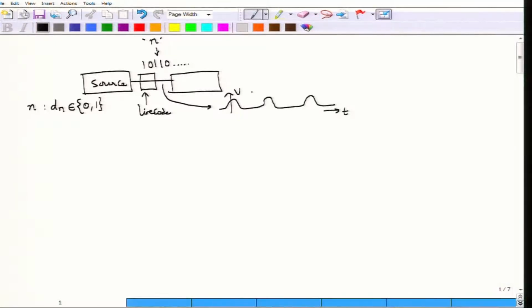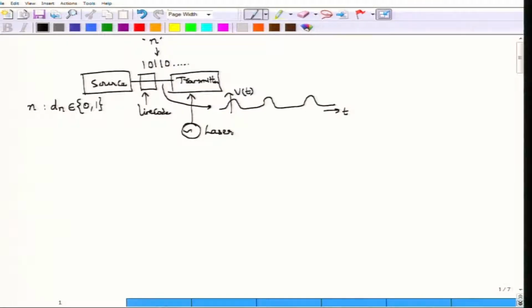So, this would be, let us say, the voltage pulse V of t that would represent that particular sequence which we have written. Okay. So, it could be any sequence which then has to be converted into this physical voltage or current variable. Next comes an optical transmitter. This optical transmitter will necessarily have one more input, which is a laser source.